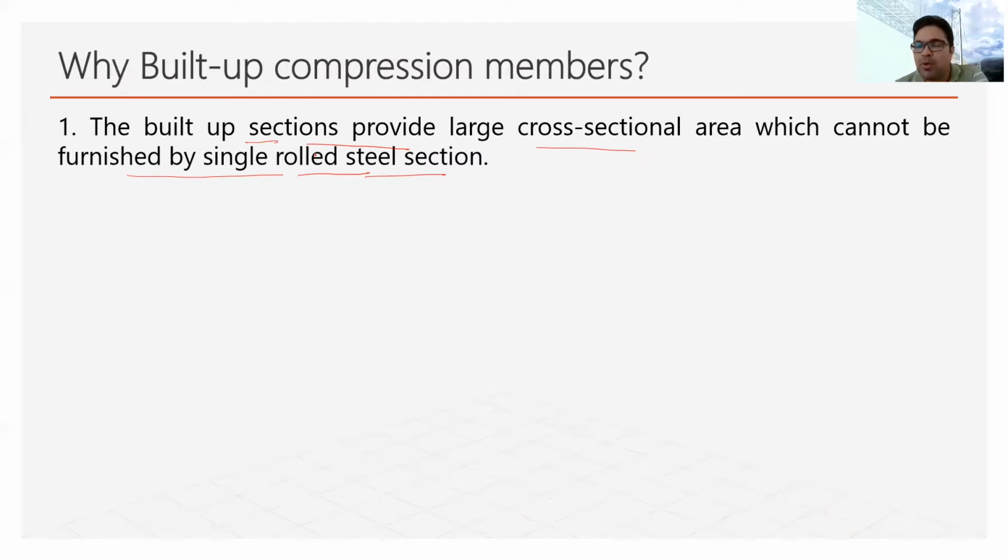Also, providing a large single section is not an economical option, and we are not able to use the area of that large cross section effectively, and therefore these built-up sections provide us many ways to make it efficient.